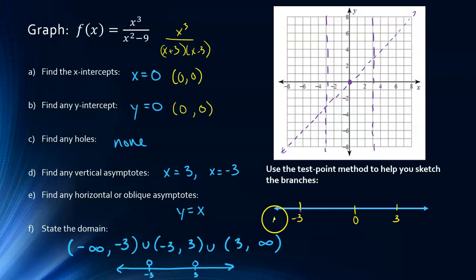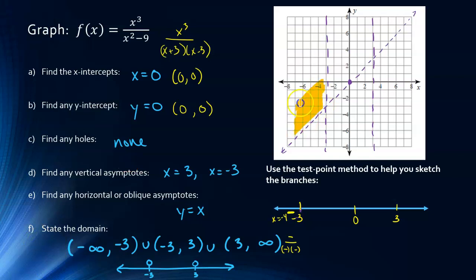Let's pick a point like negative 4. If I put negative 4 into the factored form, the numerator, negative 4 cubed, well, that's going to be negative. And the denominator, negative 4 plus 3, that's negative. And negative 4 minus 3 would also be negative. So my denominator would be a negative times a negative, which is a positive. And a negative divided by a positive would be negative. Okay, so from negative infinity to negative 3, the graph is negative. Now, let's look at our graph here.